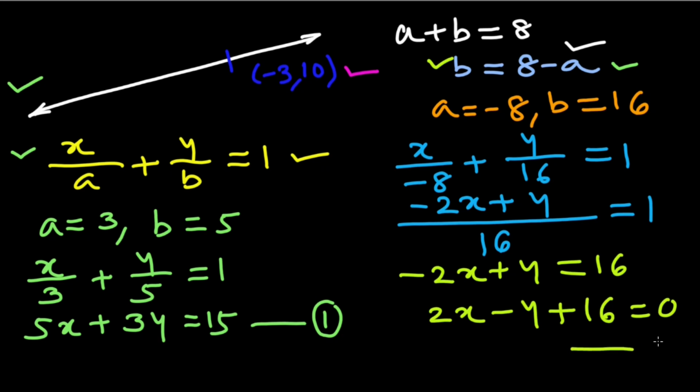So this will be the second equation of this line. So we get two different equations, equation number 1 and equation number 2, of this line.